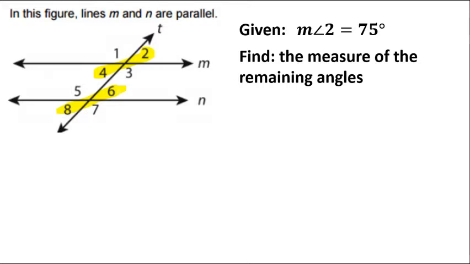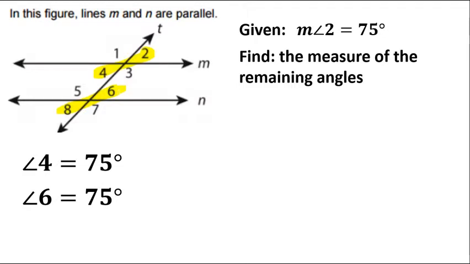So far, those 4 measure 75 degrees. So angle 4 measures 75, angle 6 measures 75, and angle 8 also measures 75 degrees. So what we have left over is 4 more angles, and we have to figure out what those measure. So we have these right here, 1 and 3, and same thing with 5 and 7.